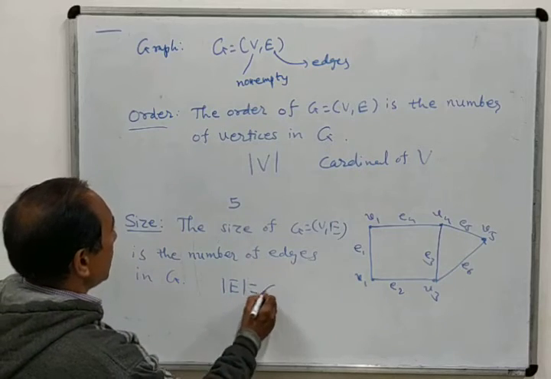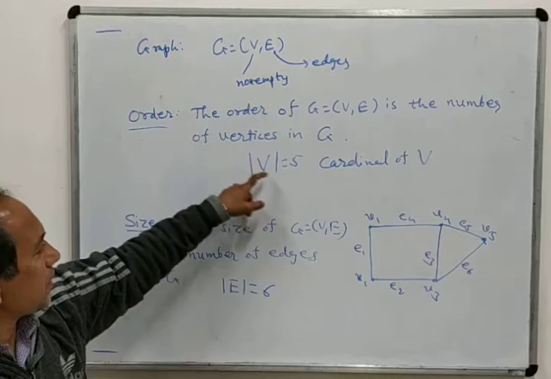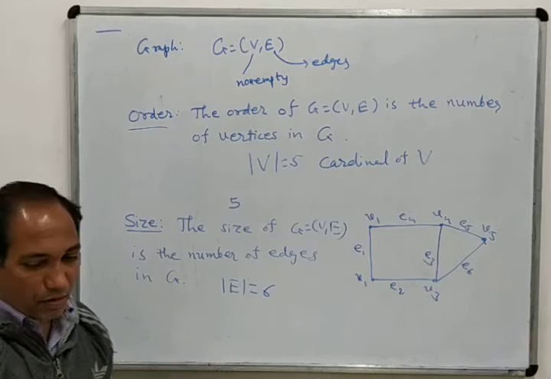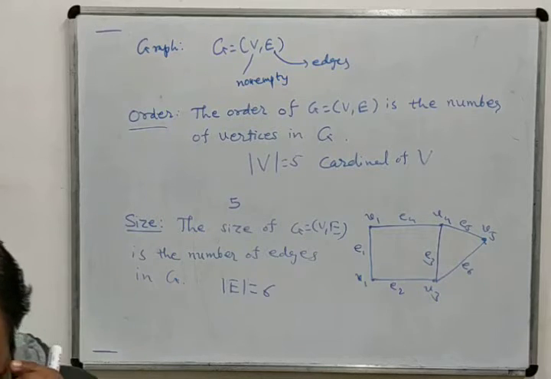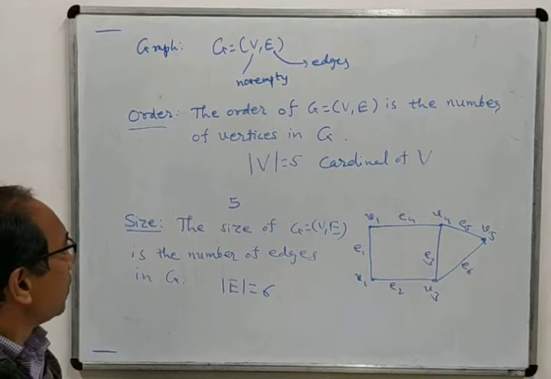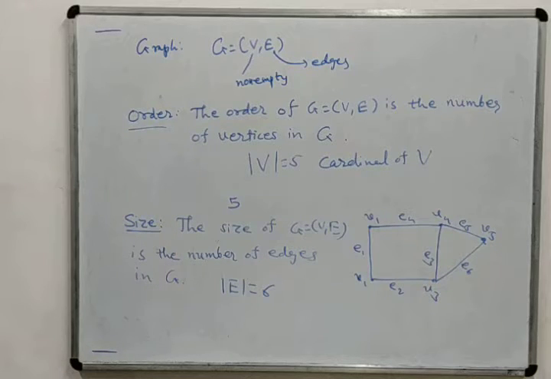So its cardinality is 6, and here the cardinality of V, that means the order of the graph, is 5, and the size of the graph G is 6. Both the definitions are very easy to understand.